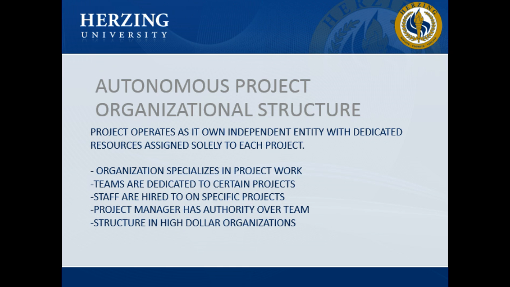The next project organizational structure we will look at is the autonomous project organizational structure. This is where the project operates as its own independent entity with dedicated resources assigned solely to each project. The autonomous project organizational structure is also referred to as the projectized organizational structure.